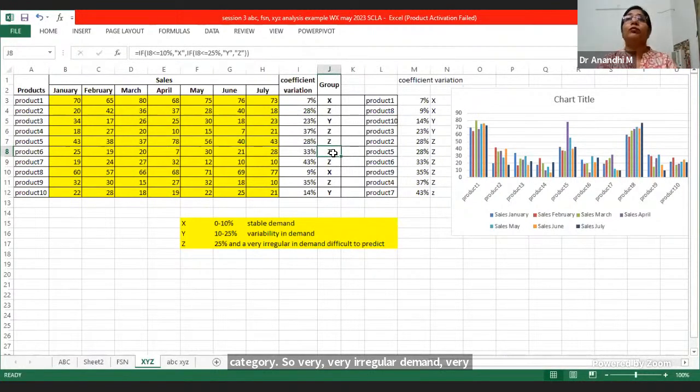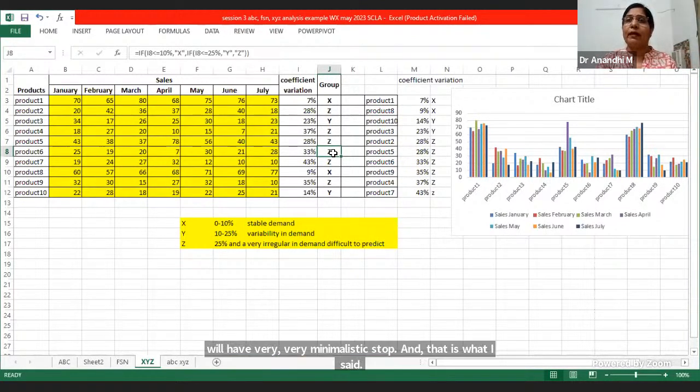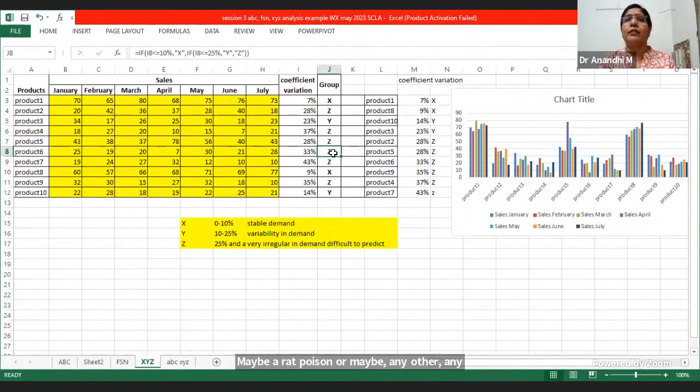What you will do for such a category of items is you will have very, very minimalistic stock. That is what I said, maybe a rat poison, or maybe any niche item which you need to have in your stores for the sake of having, demand is also very, very less. Inventory levels also will be very less, 1 or 2 units.